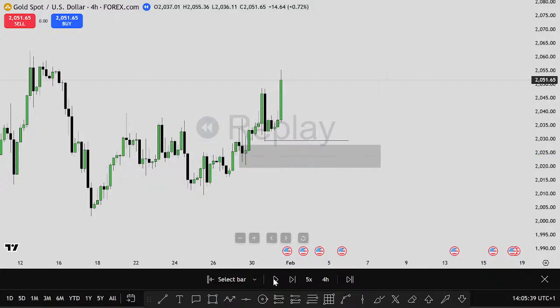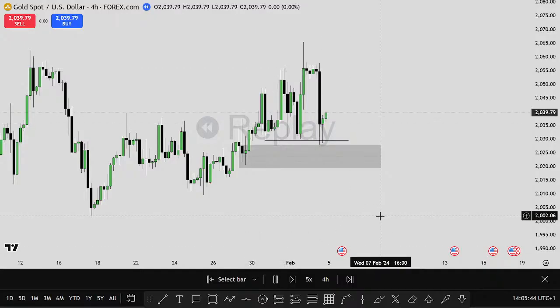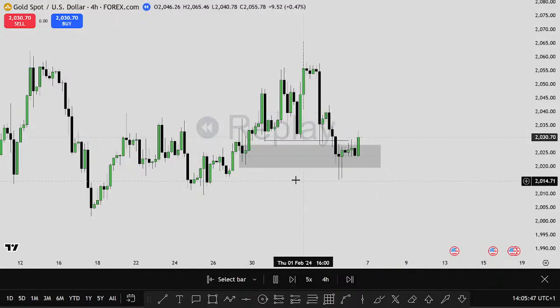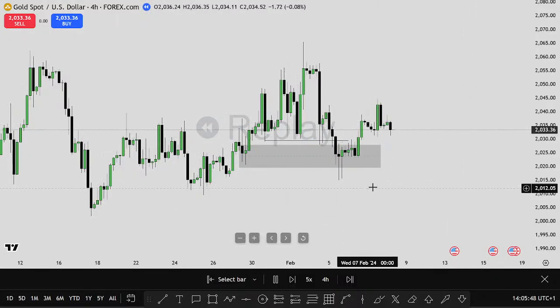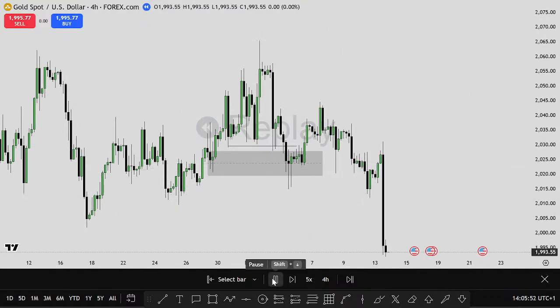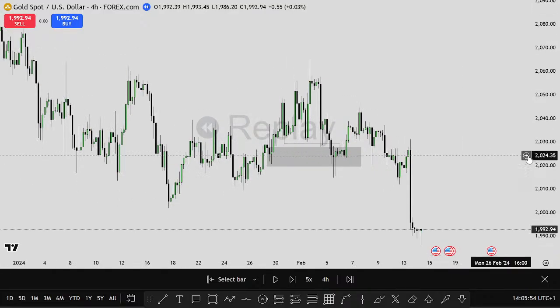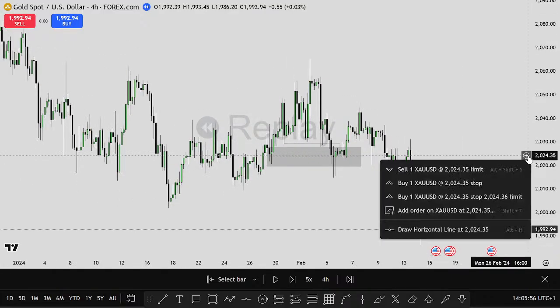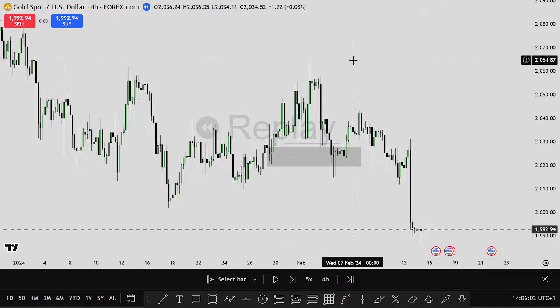So let's just see first. It's okay, I took it out, it still went up. Continue with the sell. Continue with the sell again.